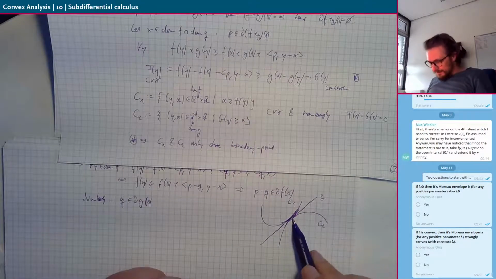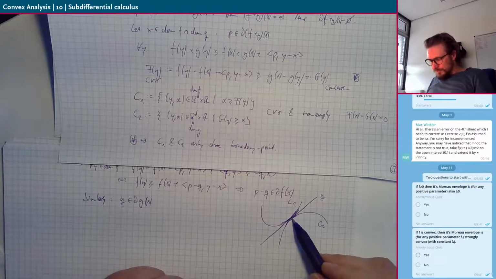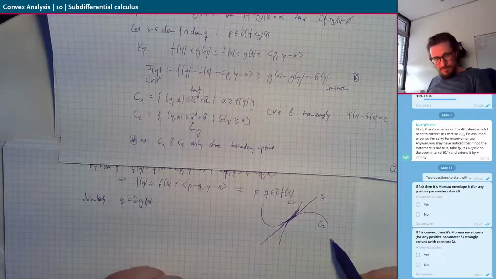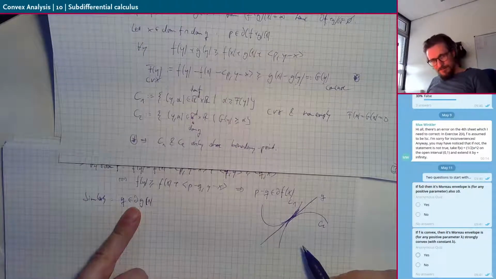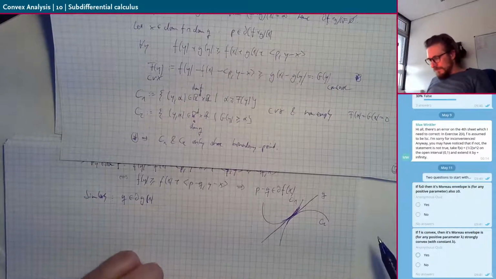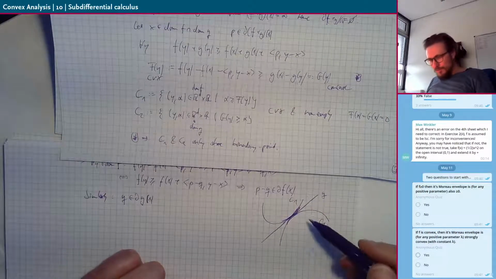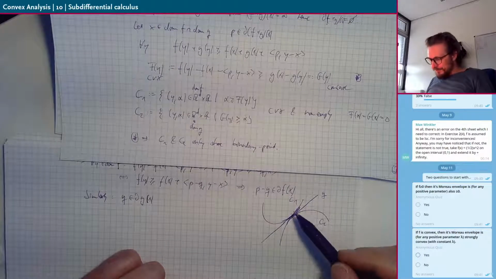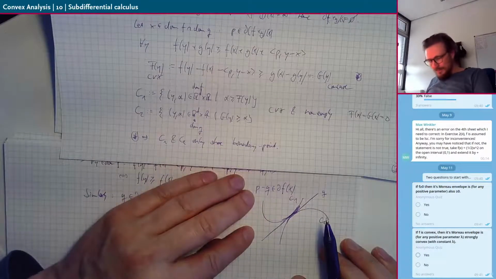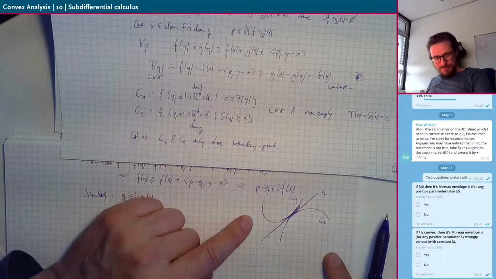And you can probably also see that q should be a subgradient of the function g, because it's this negative epigraph here. So this is the trick, that you can transform the problem into the problem of finding a hyperplane which separates C1 and C2.